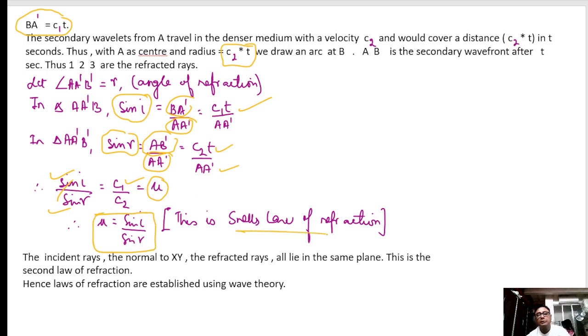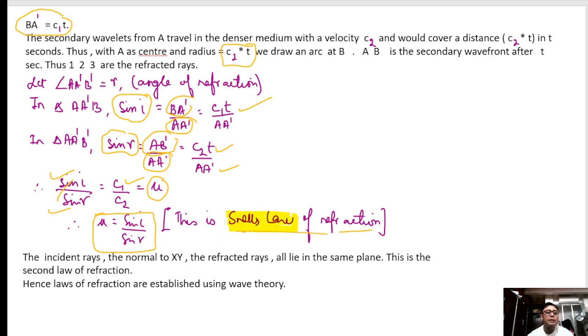That means this was Snell's law of refraction. We are able to prove Snell's law of refraction through the wave theory. That means the wave theory can also prove the laws of refraction and reflection.